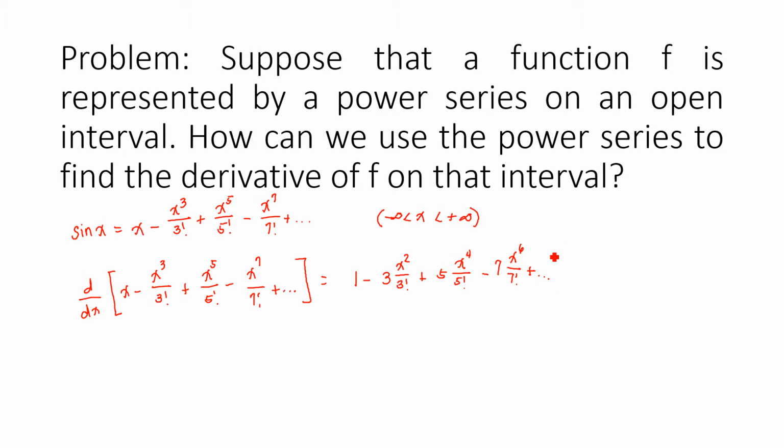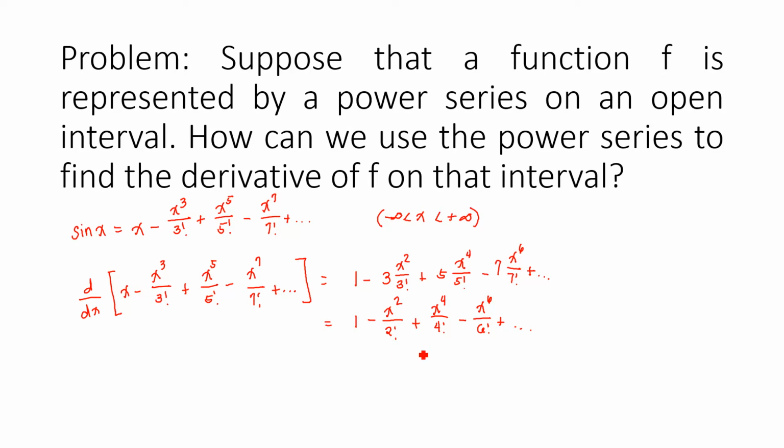If we simplify that, it would be 1 minus x squared over 2 factorial plus x raised to 4 over 4 factorial minus x raised to 6 over 6 factorial plus so on.